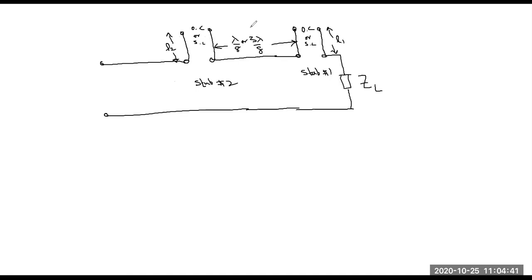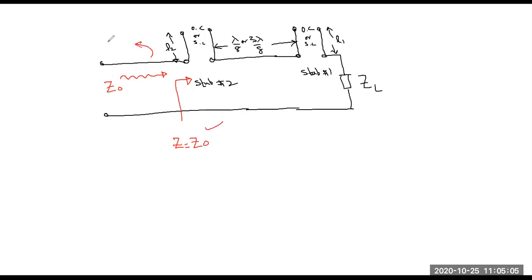So what is our goal? Why have we connected these two stubs? We want that if we look towards the load at this point, this impedance should be equal to Z naught, the main transmission line. So when the signal arrives at this point, it will see as if there is a matched load.